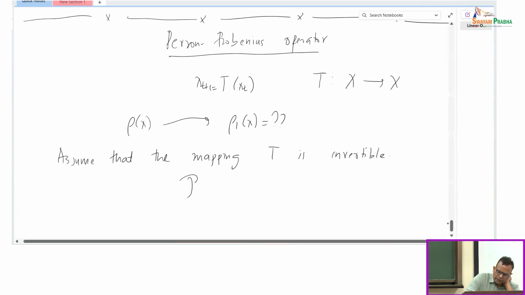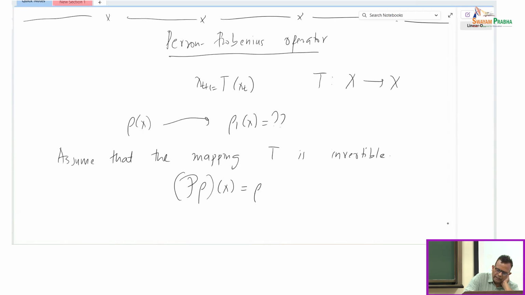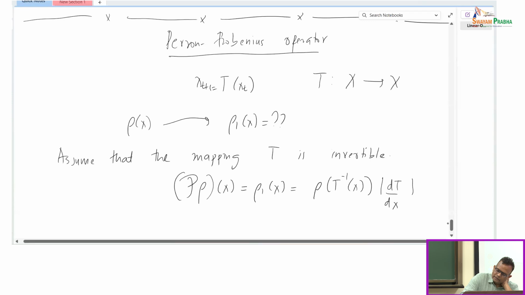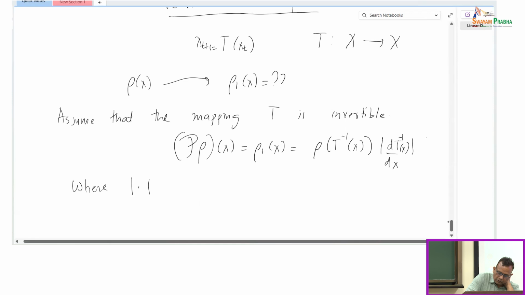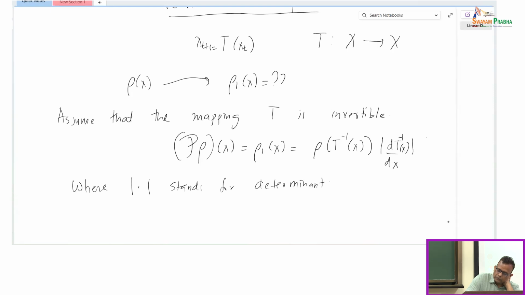The notation we're going to use is calligraphic P acting on rho, its value at x, which is a new function, rho 1 of x, is given by: take the old density function rho, evaluate it at T inverse of x, and multiply by the determinant of dT inverse over dx, where det stands for determinant. Okay, so this is the definition.